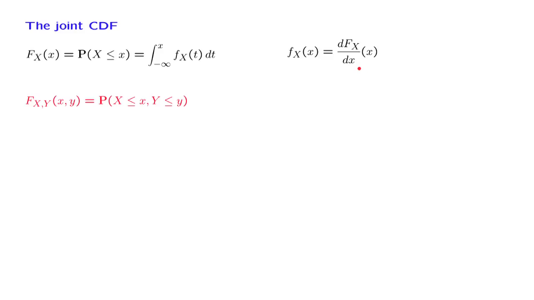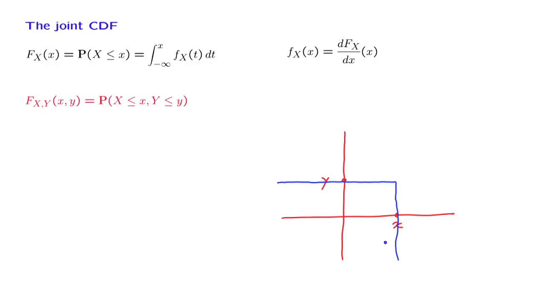We can define the joint CDF as the probability that x and y, the pair (x, y), takes values that are below certain numbers, little x and little y. So we are talking about the probability of the blue set in this diagram.